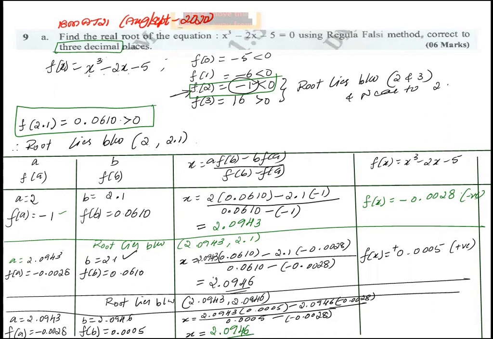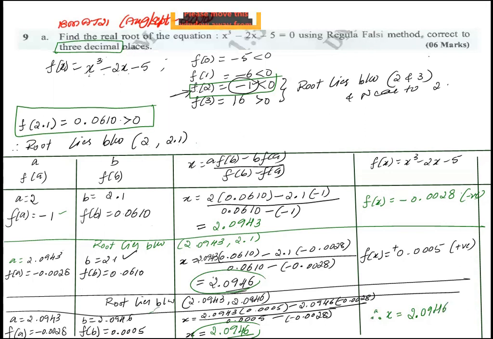2.0946 you will get as the answer, 2.0946. Since for 3 decimal places this value and this value will be the same, even for 4 decimals, therefore x is equal to the root 2.0946.